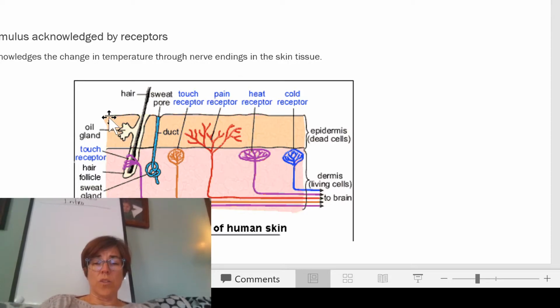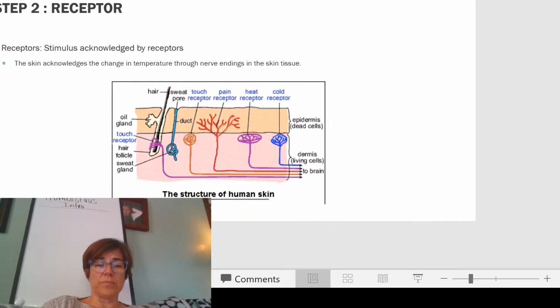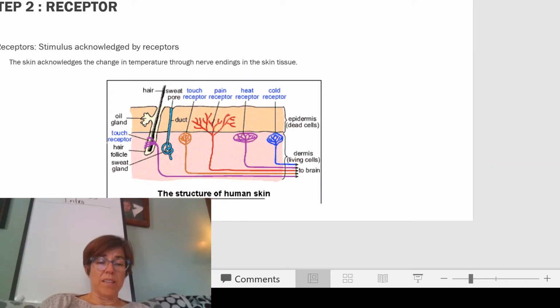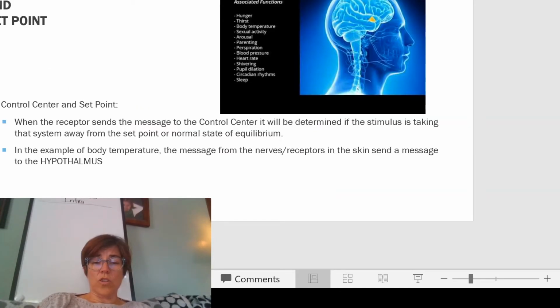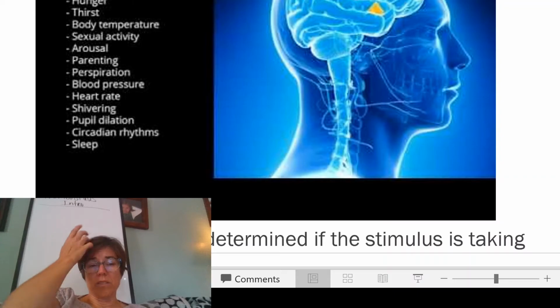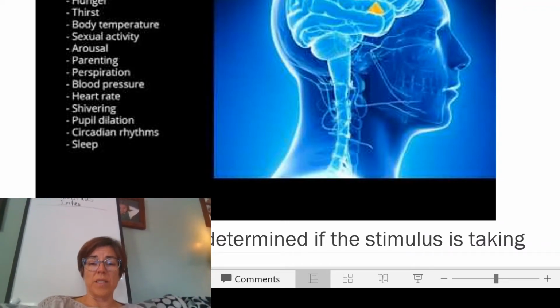And so your body also has receptors and effectors within that same location. Your control center and set point, in many cases, your control center is your hypothalamus. The hypothalamus is a small part of the brain, and it recognizes when those nerve messages from the receptor go to the hypothalamus.